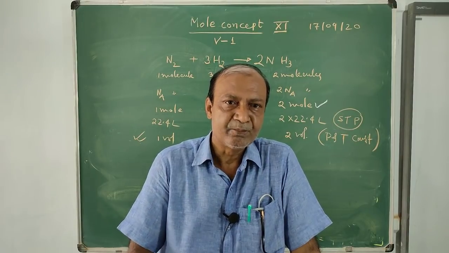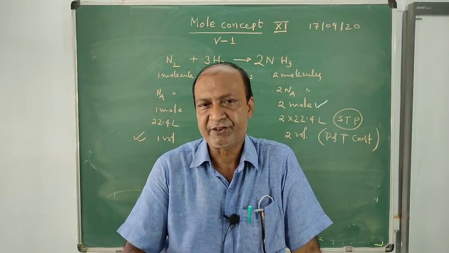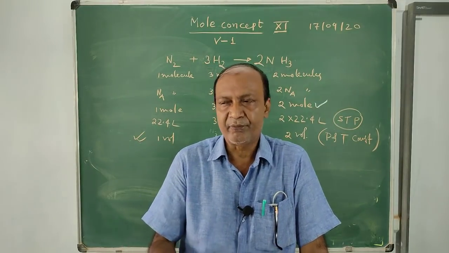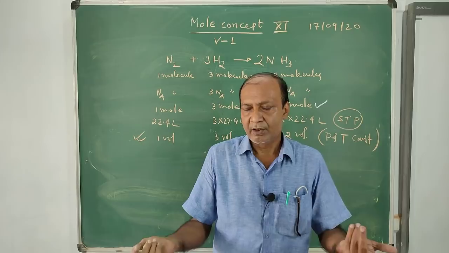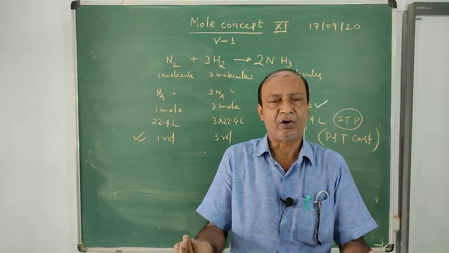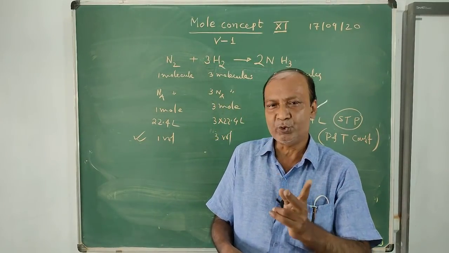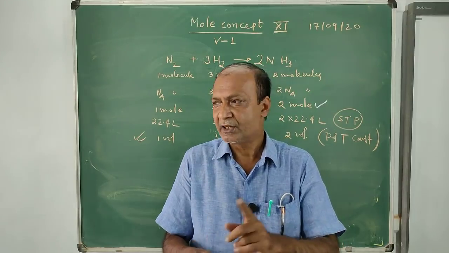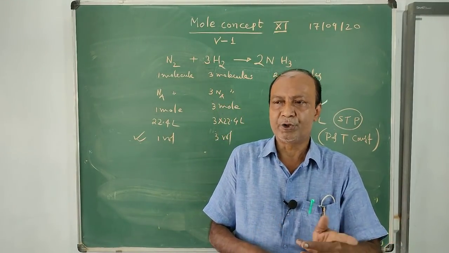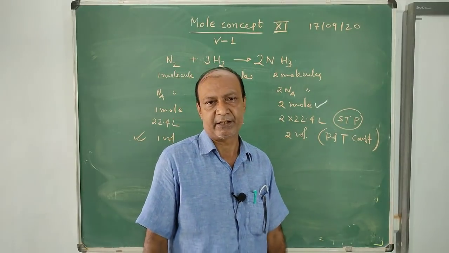You can apply this volume relation for those 2 gases after balancing the chemical reaction. Often you have seen many chemical reactions where gases, solids and liquids are all involved. If any two, say 2 reactants, or 1 reactant and 1 product, or 2 products are in the gaseous state, you can apply the volume relation.